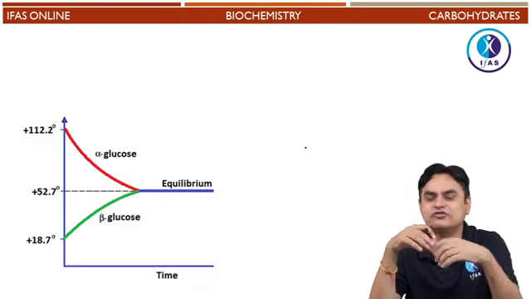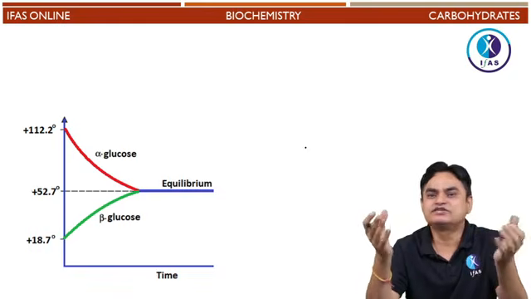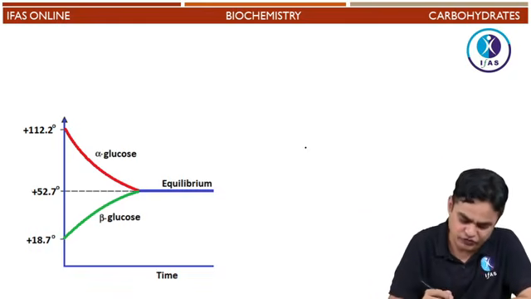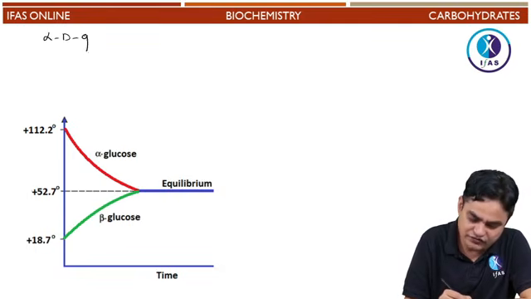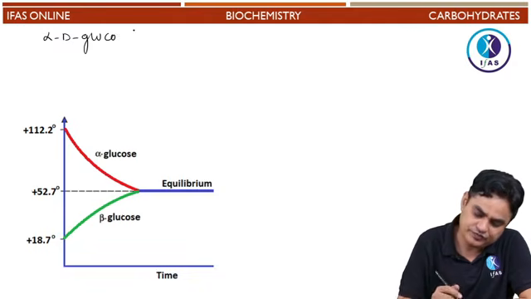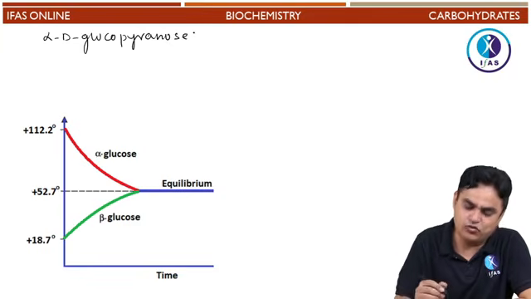And what is the proof that this mutarotation happens? The proof is the optical rotation of alpha D glucose, more accurately, glucose in a ring form, so we will name it alpha D glucopyranose.